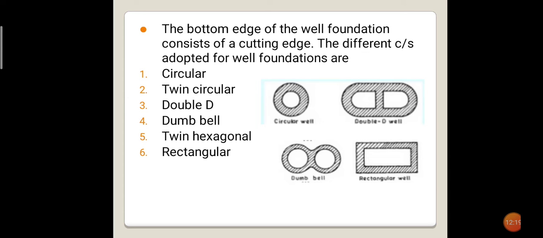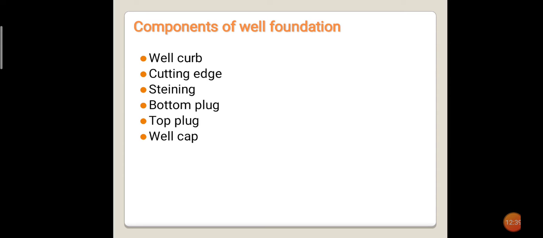We have only seen the cross section, but here the depth is larger when compared to the width. We are only seeing the top view of the particular circular well or a rectangular well. Okay, so these are some of the cross sections of well foundations, right?